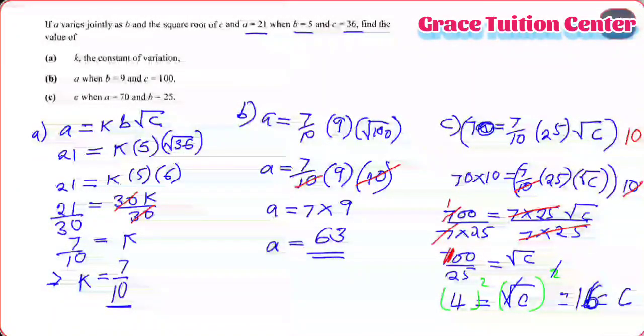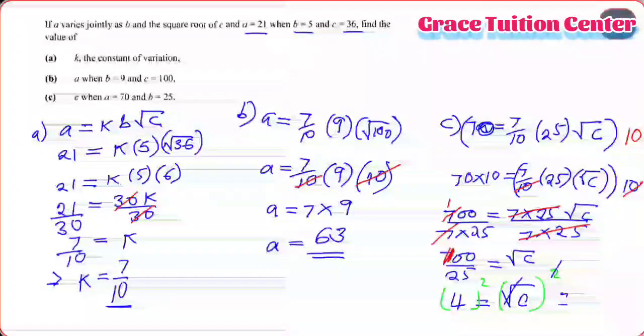So 16 is equal to c, because 4 squared is 16. The power 2 here cancels the square root, so on the other side we just remain with c. So these were the answers to this question.